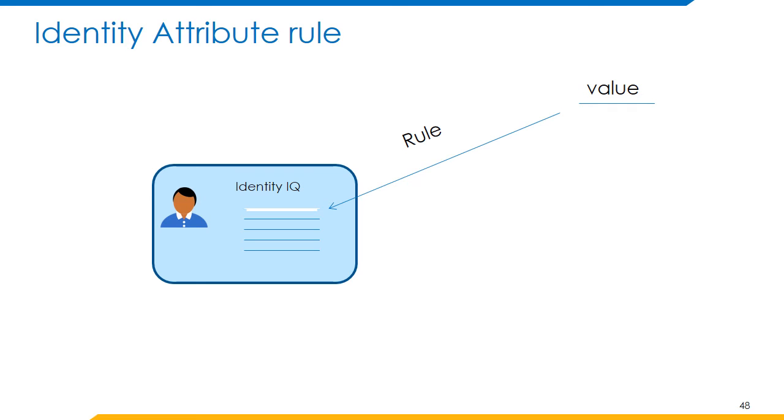The inputs to this rule are environment, which defines the task variables of the task inside which this execution of rule is happening, attribute source, and link, which is the application link under consideration, and old value, which speaks about an already existing value if there is any such value. The attribute value which is to be assigned to this attribute is the return value expected out of identity attribute rule.